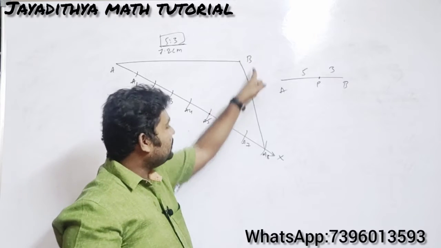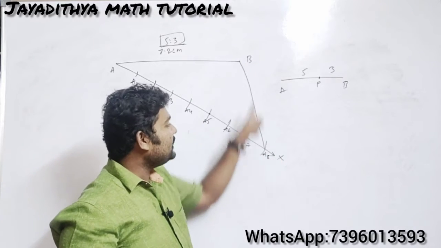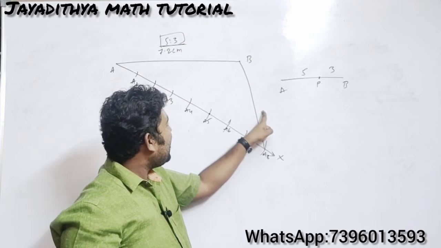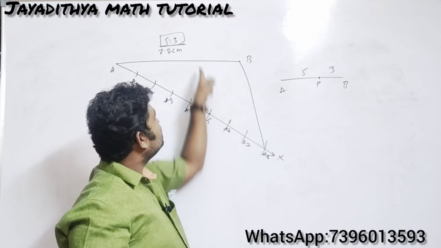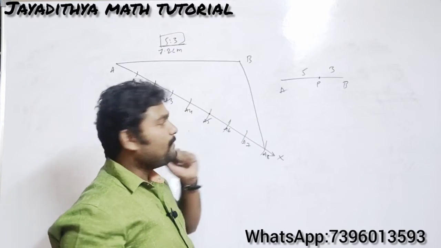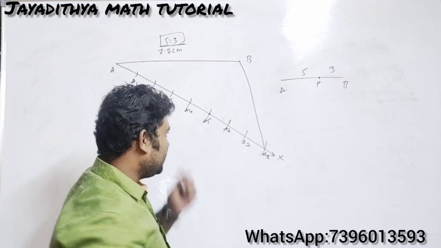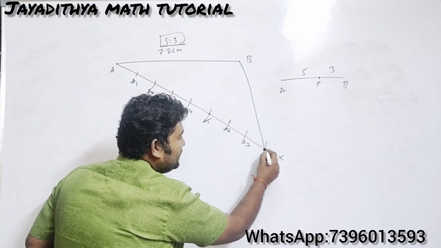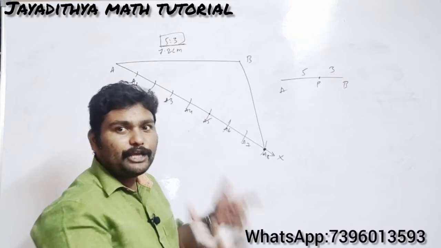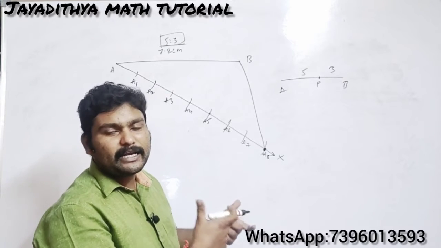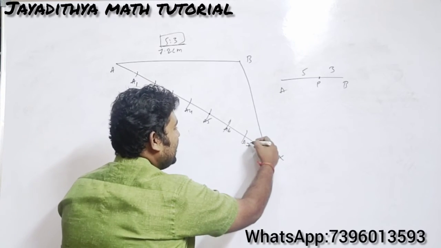Understand carefully. For the line BA8, you should draw a parallel line at A5 such that it cuts AB. For that, take A8 as center, take the compass with some convenient radius and draw an arc like this.